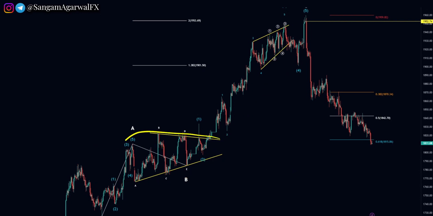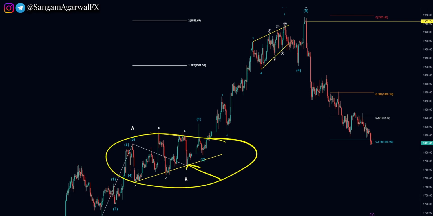And if you focus on this triangle chart pattern, when this final wave E was made, then your impulsive wave started. Right here, everyone was confused. Sellers were selling and buyers were buying.